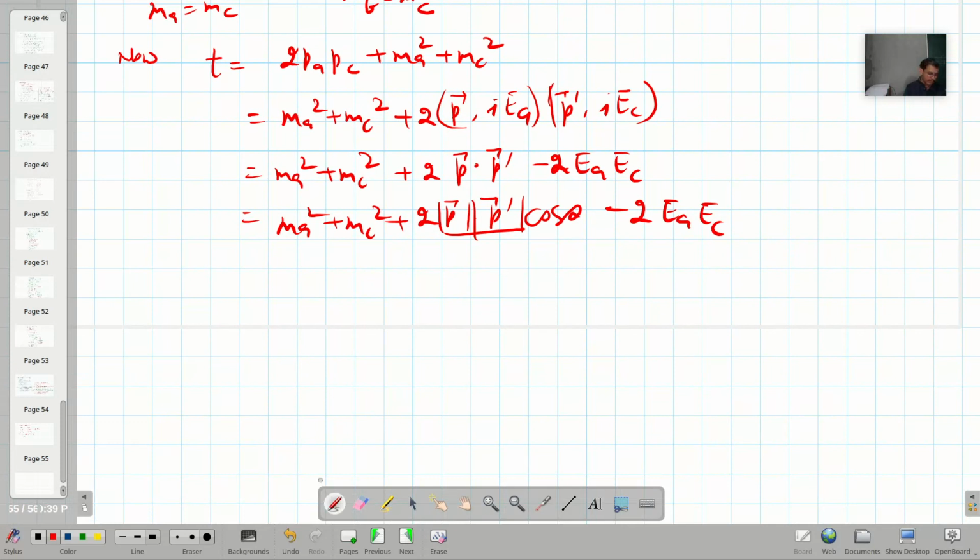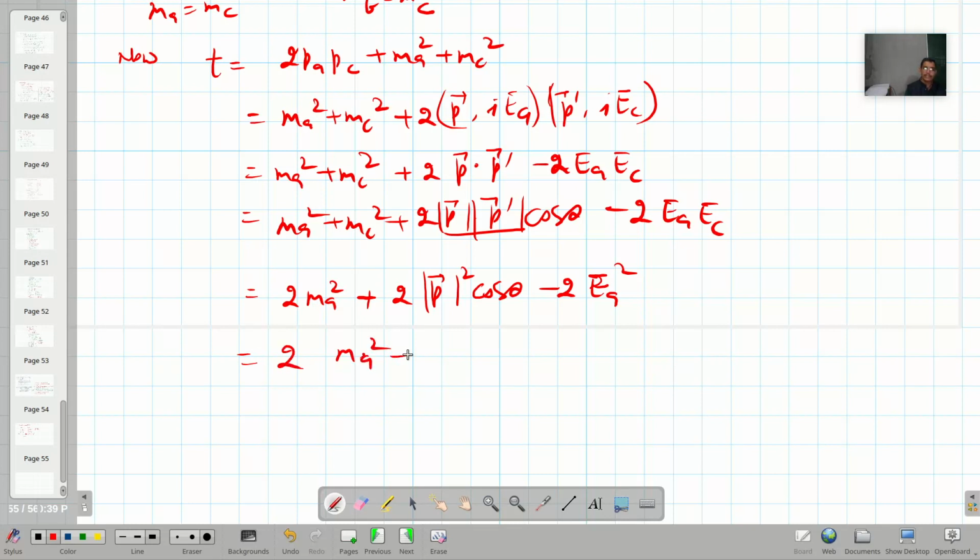So how do I write it? This is equal to twice of m_A square plus twice of mod p square cos of theta, minus 2 E_A square. So that means twice of m_A square minus E_A square plus 2 p square cos of theta, and this is equal to t, and this is equivalent to minus p square.